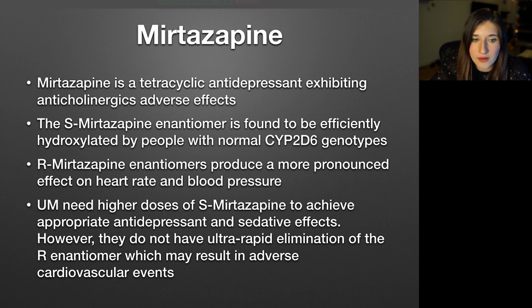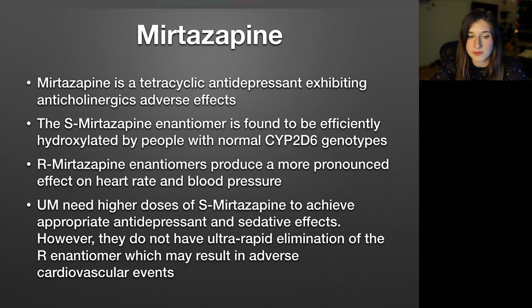But people with ultra rapid metabolizing phenotypes need higher doses of the S enantiomer to achieve the appropriate antidepressant sedative effects. If they do not have ultra rapid elimination of the R enantiomer, it can result in serious adverse cardiovascular effects.